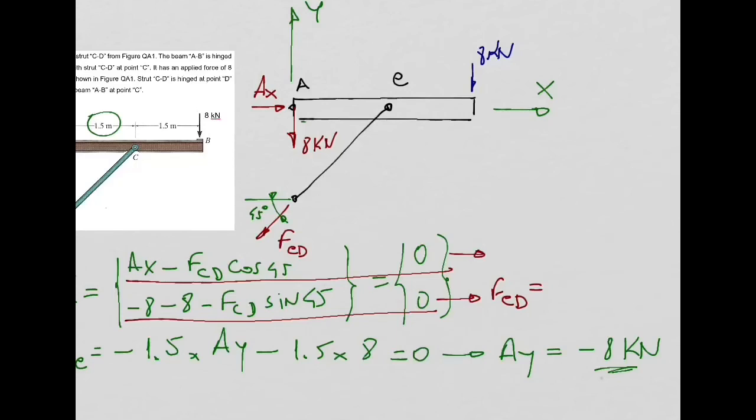Is it positive or negative, right? Minus 22.6 kilonewtons. Everybody got this? Yeah? Actually, in more exact form, it should be minus 16 root 2 instead of minus 22.6.